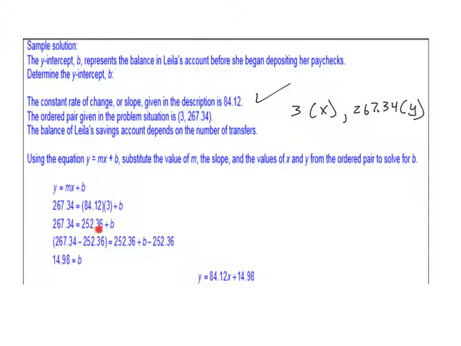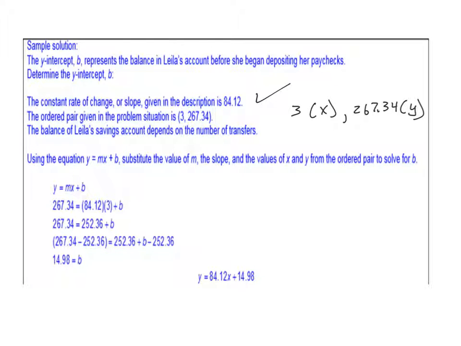I'm going to subtract, because again, I'm isolating b. So in isolating b, this is a positive, so we need to do the opposite, which is subtract 252.36 from 267.34, or should I say from both sides of the equal sign. And I'm going to get b, which is what she began with, what she began before she started her savings, of $14.98.